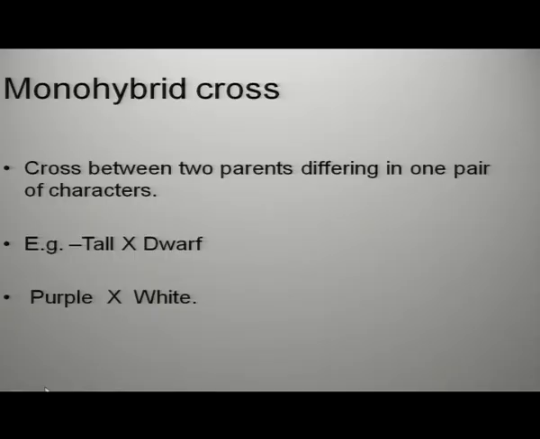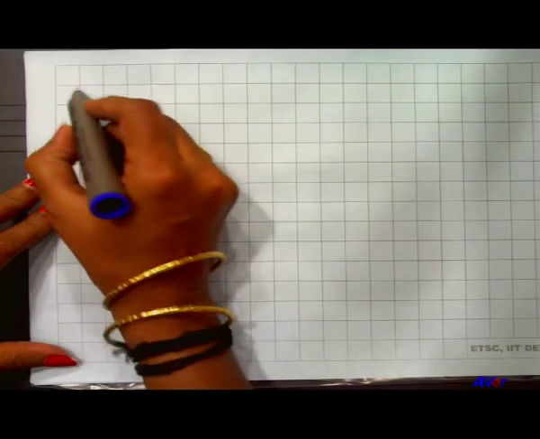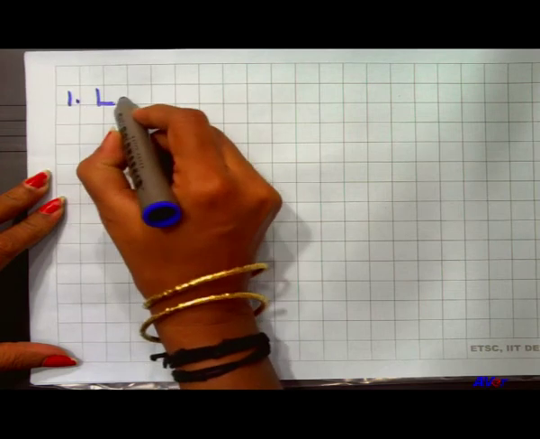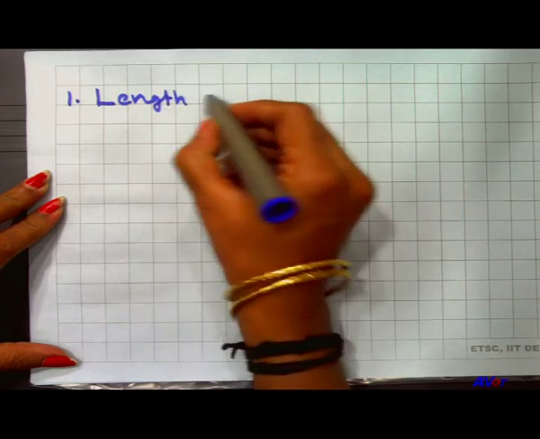Now, before going to the monohybrid cross, what are the characters studied by Mendel that we have to learn? Mendel studied 7 pairs of contrasting characters. First one, length of the stem, or height of the stem.